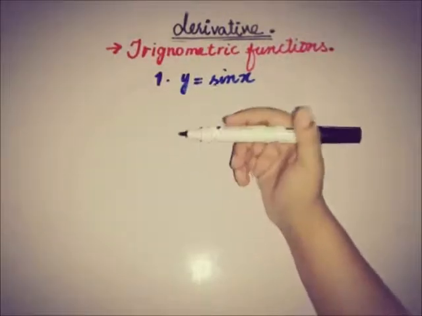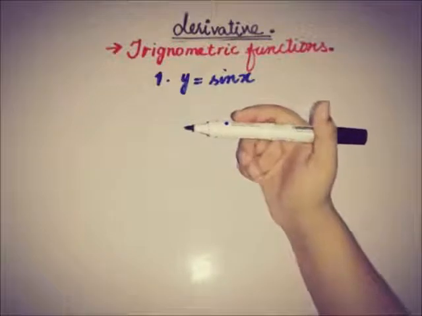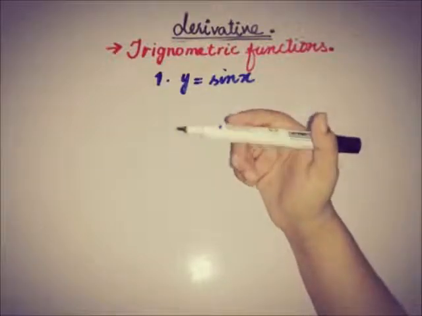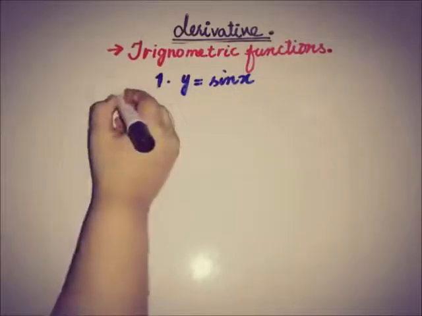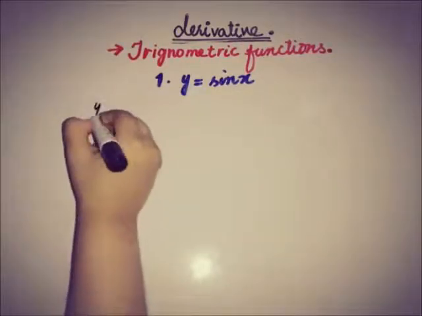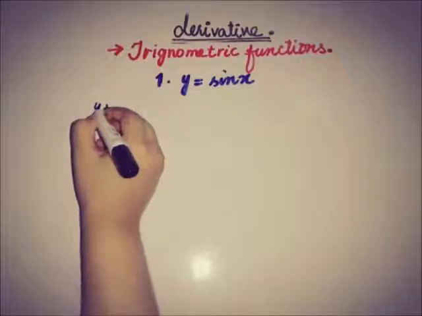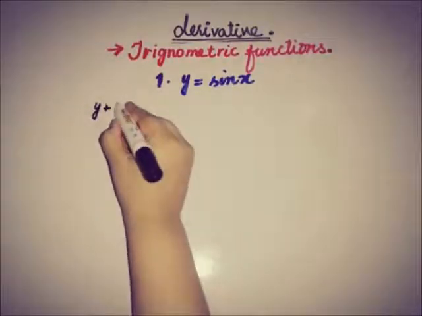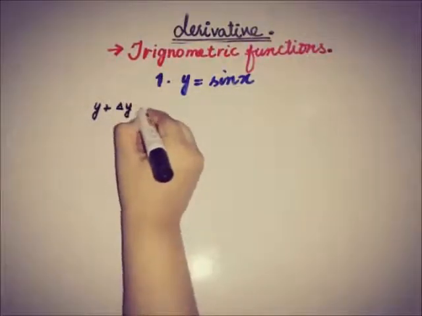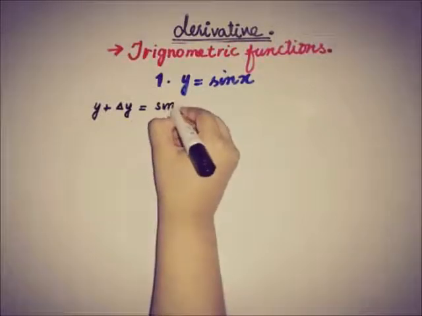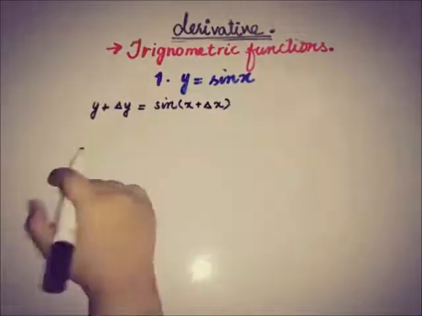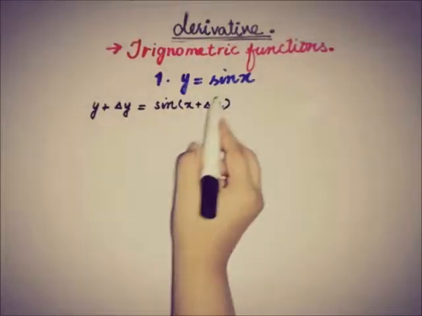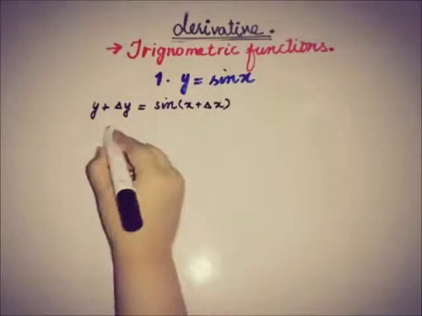So the very first step by using the definition of derivative is adding the change in it. Adding change on both sides, that is y plus delta y is equal to sine of x plus delta x. Now we have to find the difference of these two.